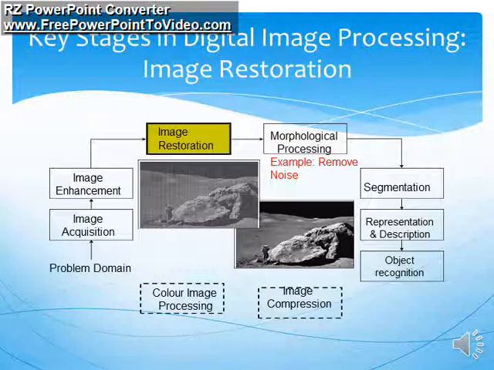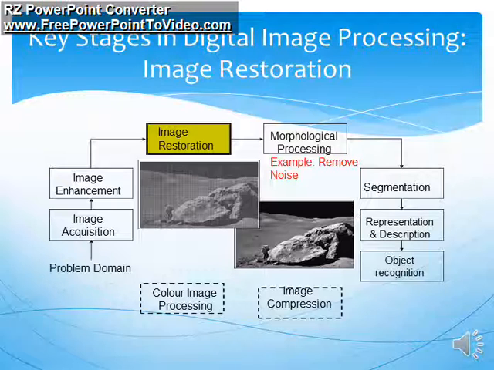Image restoration is not used to upgrade or enhance the quality of the image, but to have that particular image which was distorted or destroyed. So image restoration means the image is being restored or retrieved from the degraded one. So image restoration is not the same as the image enhancement process.